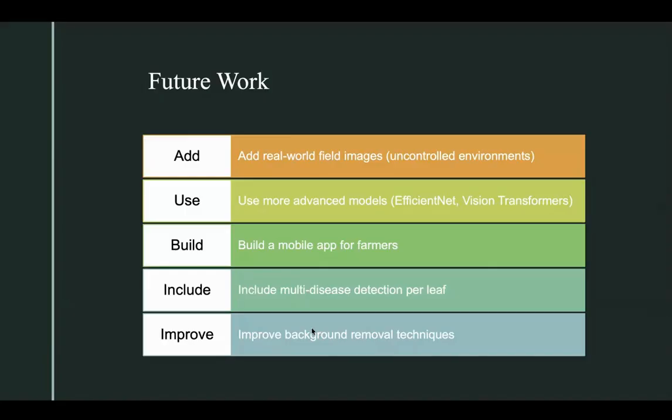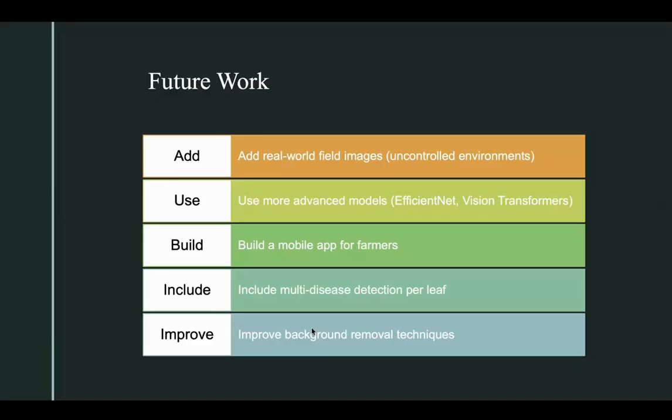Future work. This project opens several possible directions for future work. First, we want to try transfer learning using models like MobileNetV2, ResNet-50 or EfficientNet. These models are known to perform extremely well on small datasets.